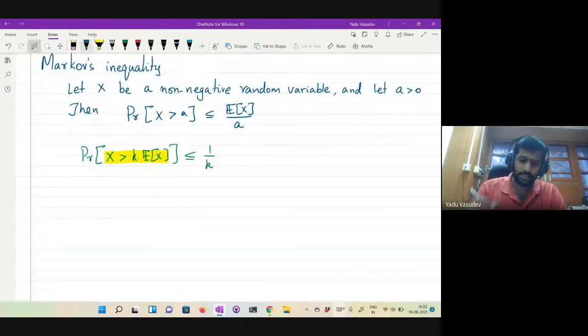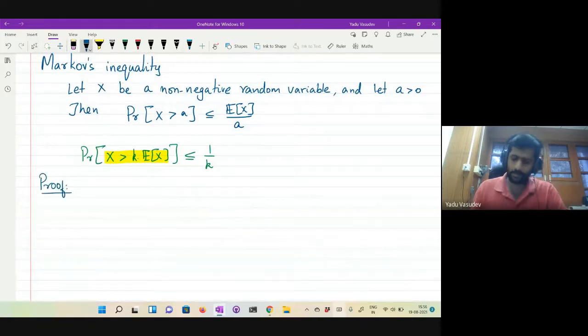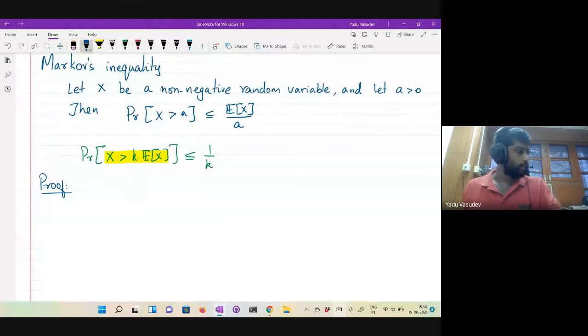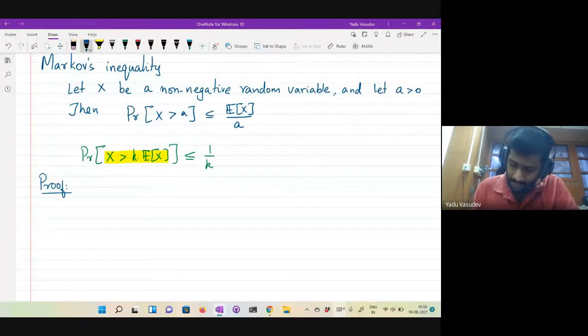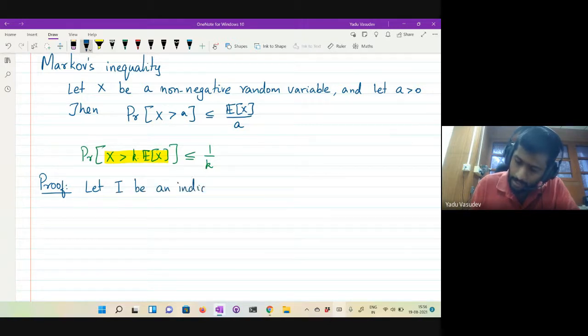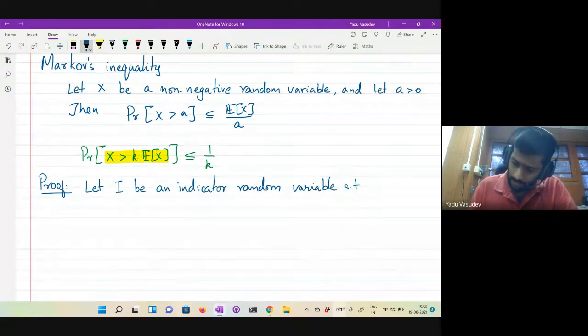Okay. So let's see a simple proof of this. To do this, let's define an indicator random variable. Let I be an indicator random variable such that I is equal to 1 if x is greater than a.